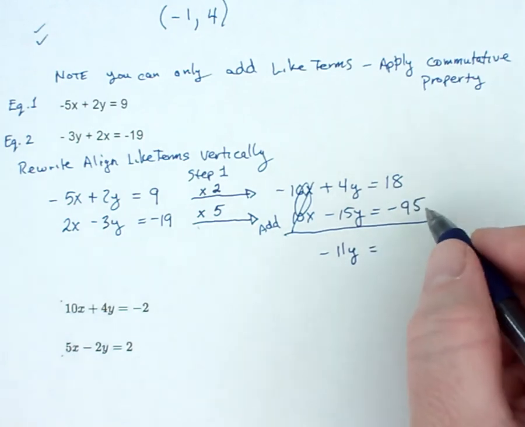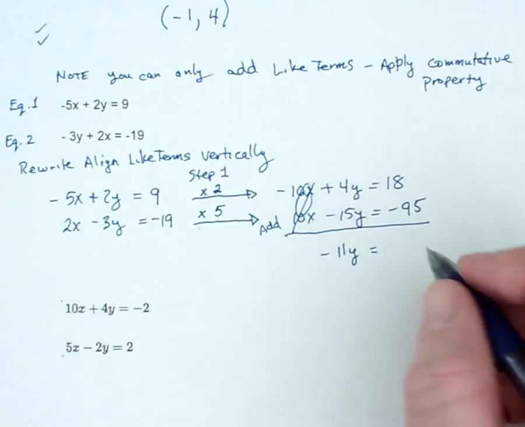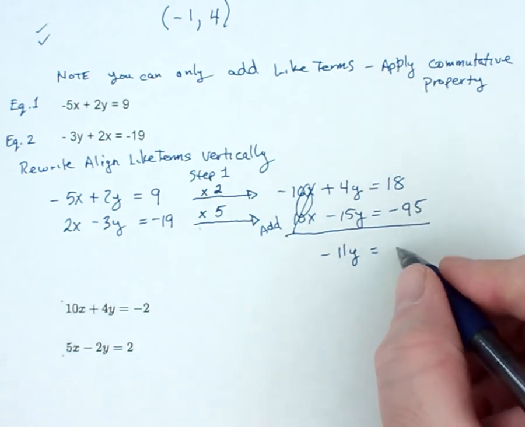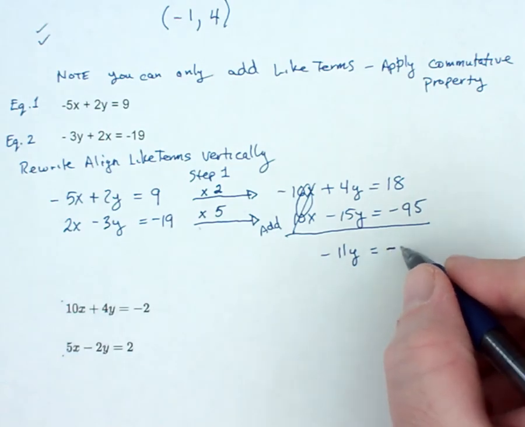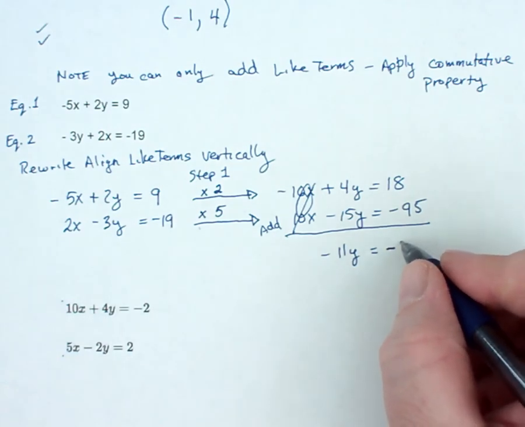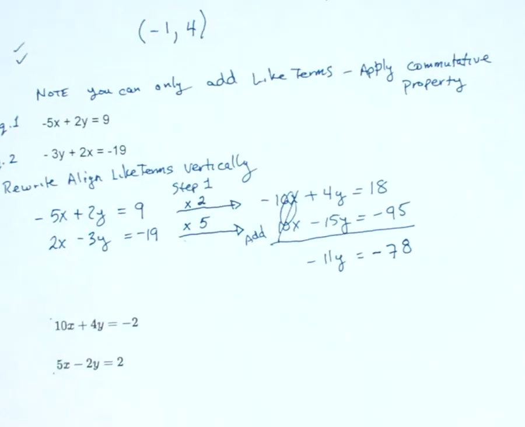Ooh, here's a hard subtraction. Let's see, that would be 85, 78. Let me do my calculator real quick.